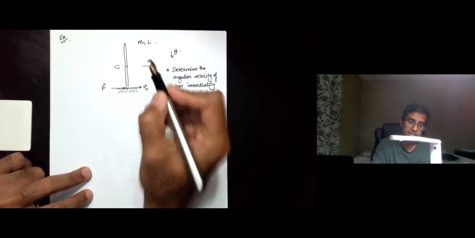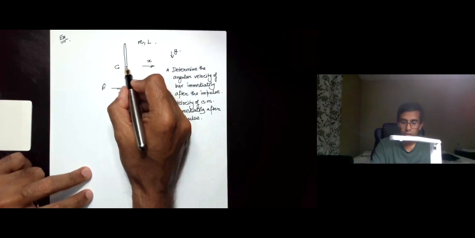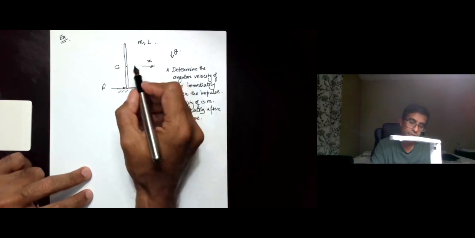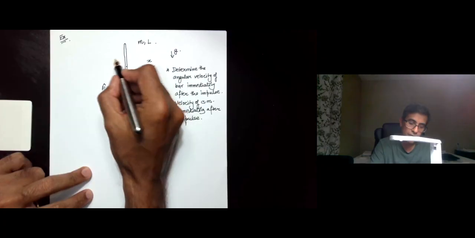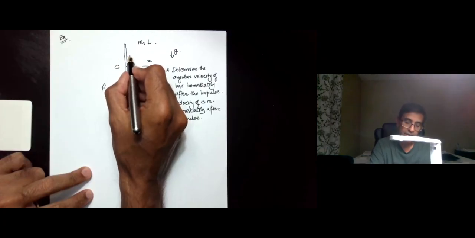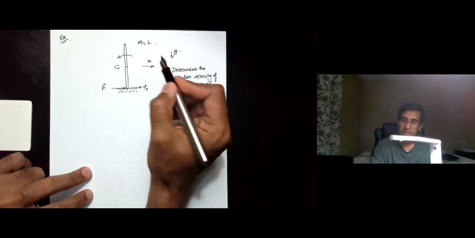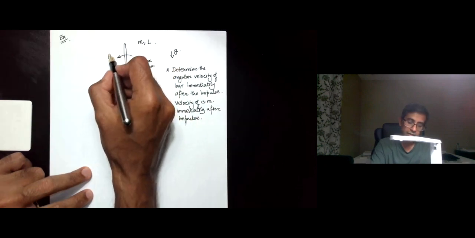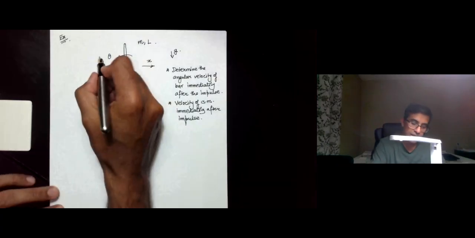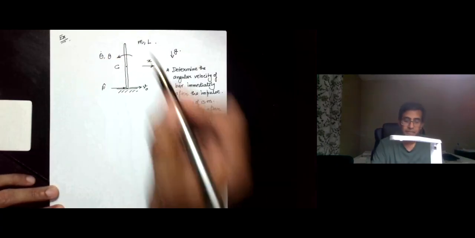Let's call that C, at a distance of L/2 from the two ends. Furthermore, let the angular displacement of the bar from the vertical be the angle theta, so theta dot is the angular velocity.